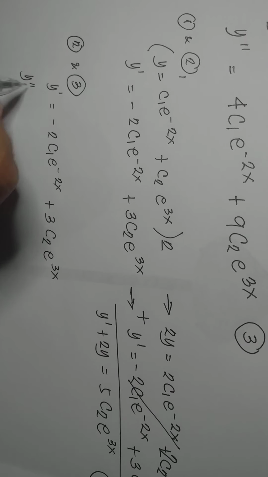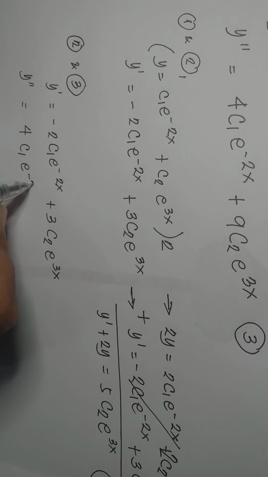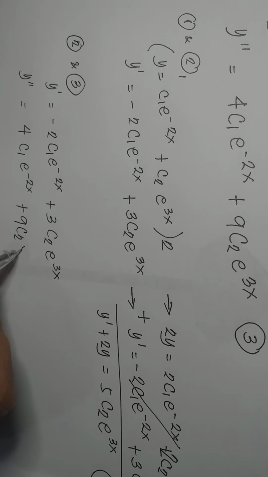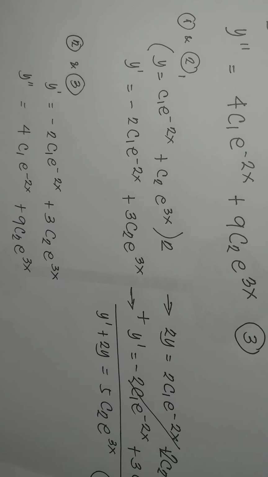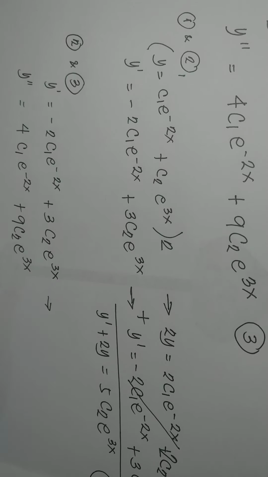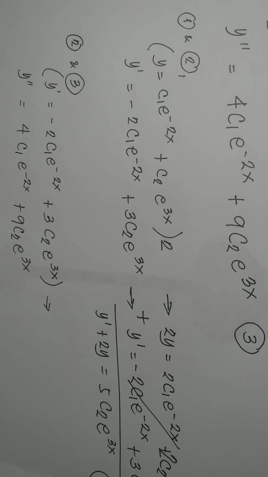And y double prime equal to 4 c sub 1 e to the negative 2x plus 9 c sub 2 e to the 3x. Since in the combination of 1 and 2 we eliminated c sub 1, we might as well eliminate the arbitrary constant c sub 1 in the combination of 2 and 3 also. So, in doing that, we need to multiply the second equation by 2.